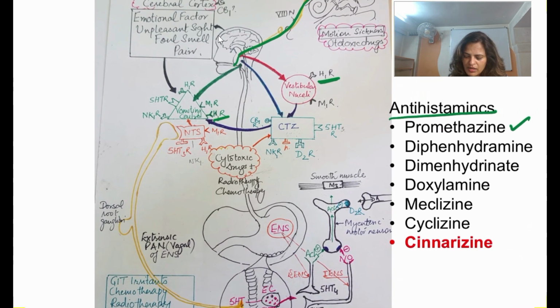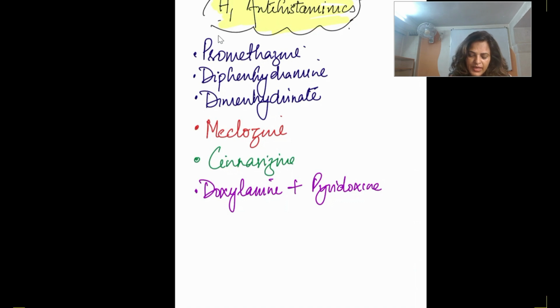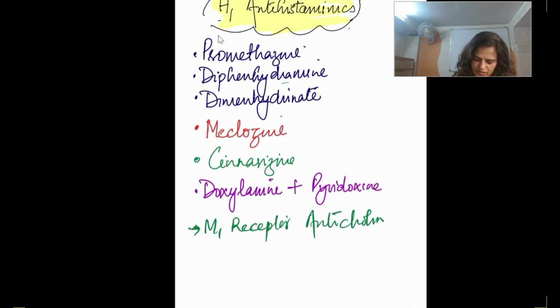Now coming to the differentiating properties among this group: we have promethazine, diphenhydramine and dimenhydrinate. Apart from their H1 histamine blocking property, they have other properties also, that is, they even block the M1 receptor. So they have an anticholinergic action.